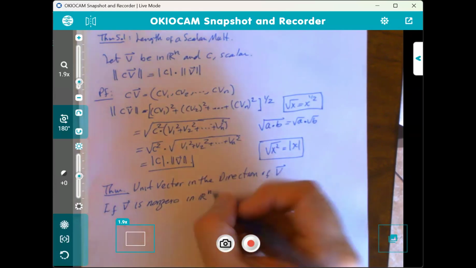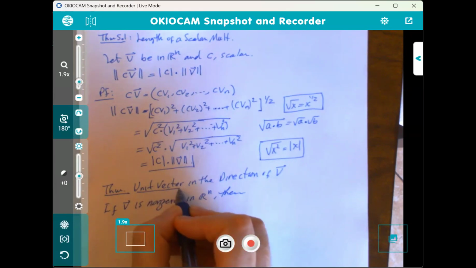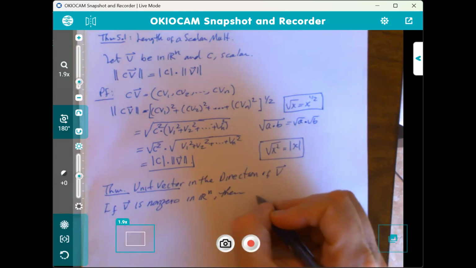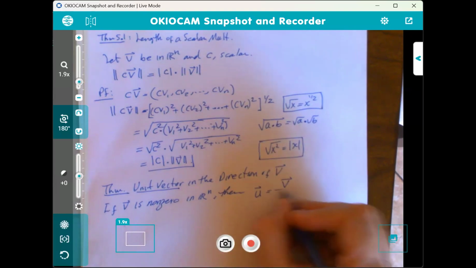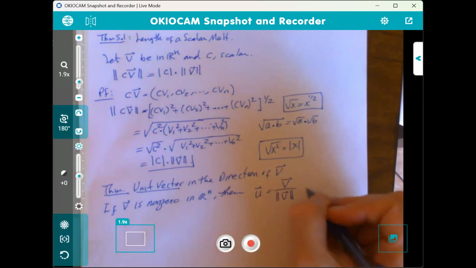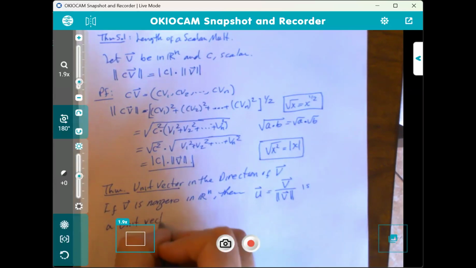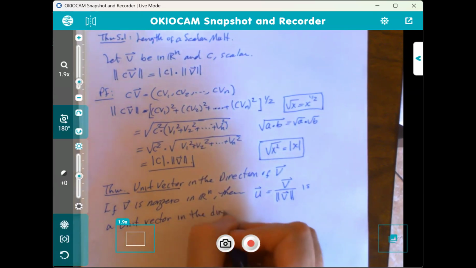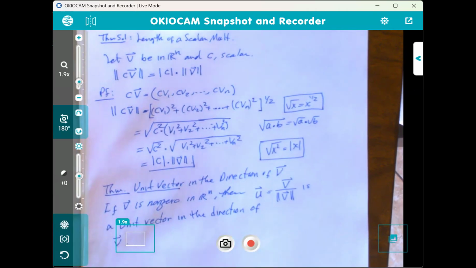If that's the case, then we're talking about a unit vector, a vector of length 1, and we want it to go along the same direction as v. Then this unit vector is given by the vector v divided by the magnitude of vector v. So this is a unit vector in the direction of v.